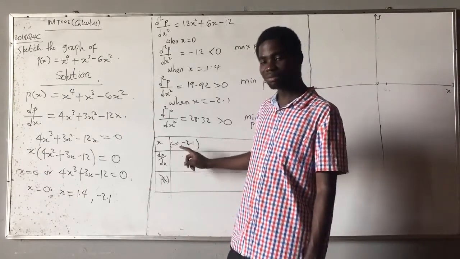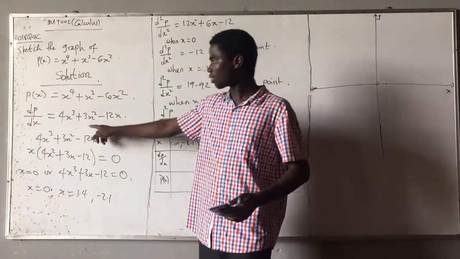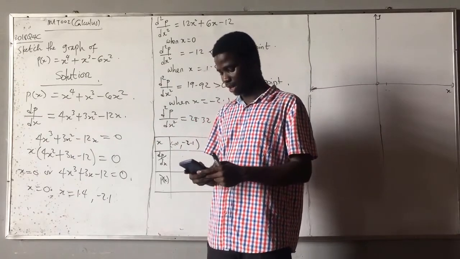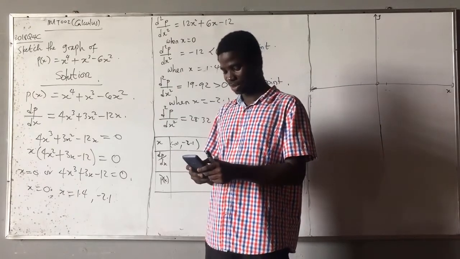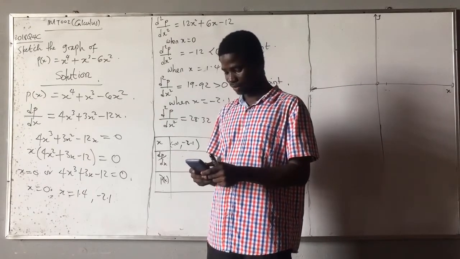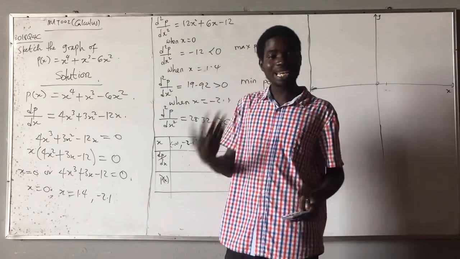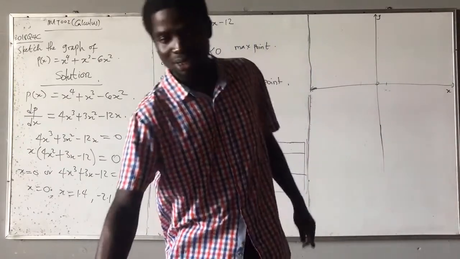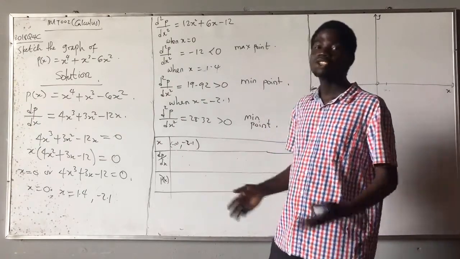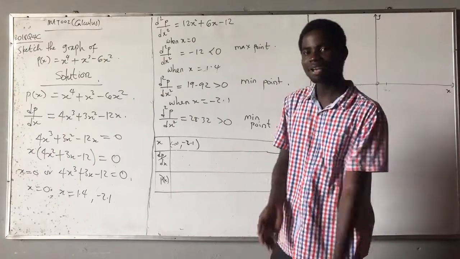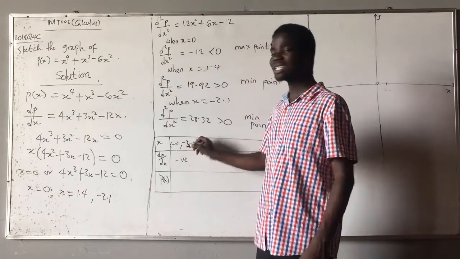Put minus 100 inside the PDS, plus 3s squared minus 12s, when s is minus 100. It is giving you a negative value. That means any number you put between minus infinity and minus 2.1, you will get a negative value. So the PDS is always negative in this interval.